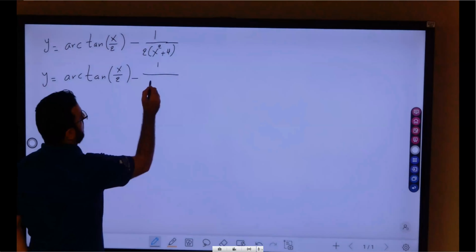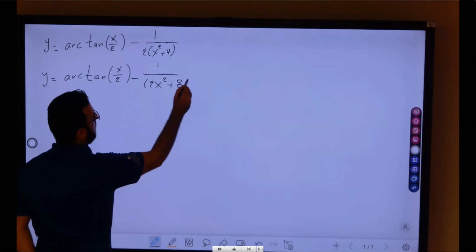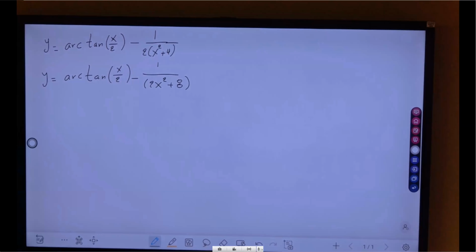So it's gonna be 2x squared plus 8. I kept the whole thing in parentheses, but you will see what's gonna happen. That's why I'm doing that.